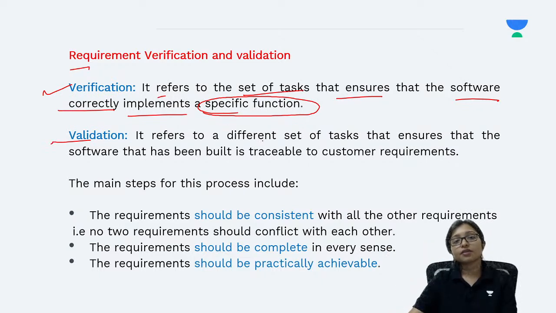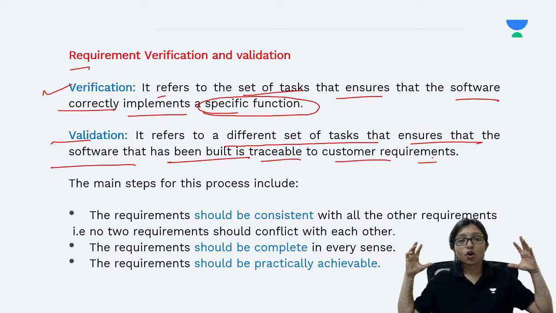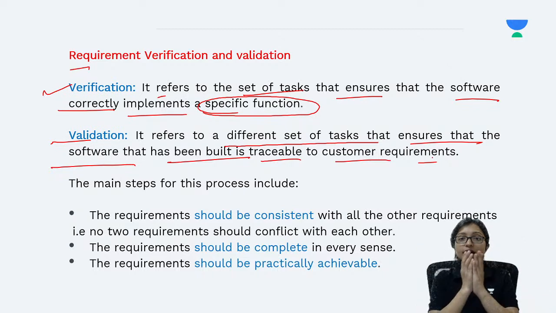And validation refers to a different set of tasks that ensure the software that has been built is traceable to the customer requirement. All the functionalities are already built together, and ultimately the total task, whatever our target was, for example the login, is successfully working as per the customer requirement. That is validation.